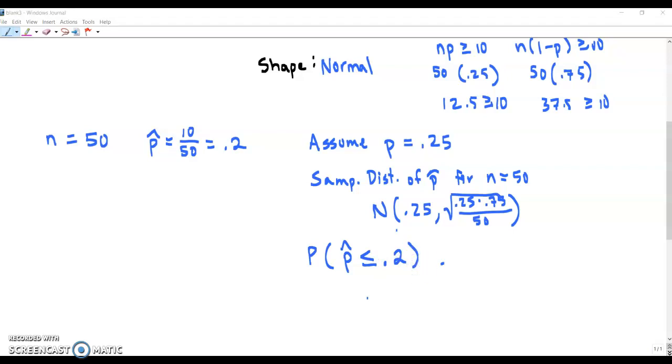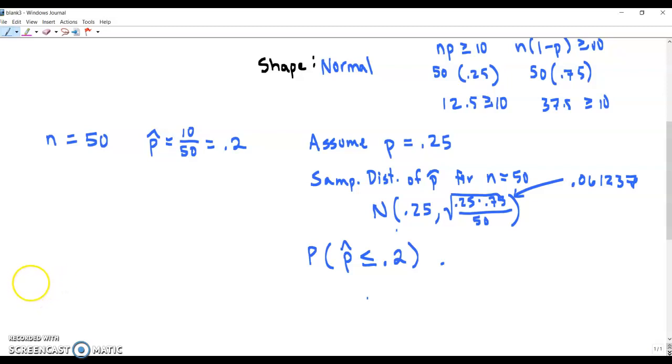Well, luckily I brought my TI-89 home with me, so I can do these calculations. Well, first, this standard deviation calculation comes out to 0.06123. Obviously that's rounded slightly.